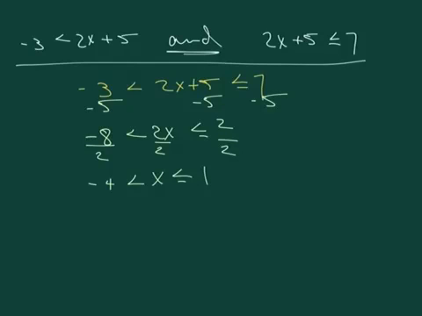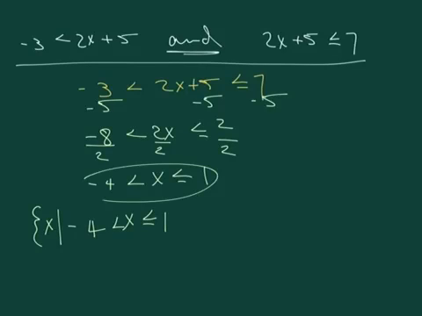The solution set in set builder notation: x such that negative 4 is less than x, which is less than or equal to 1. So we took our answer and put it there. If we want to write it in interval notation, we write that number, and it includes 1 because of the equal sign there.